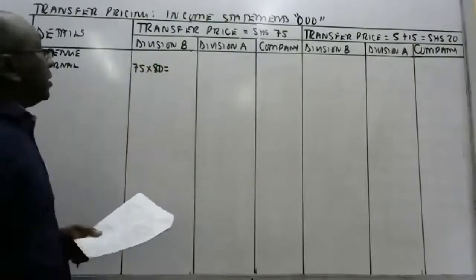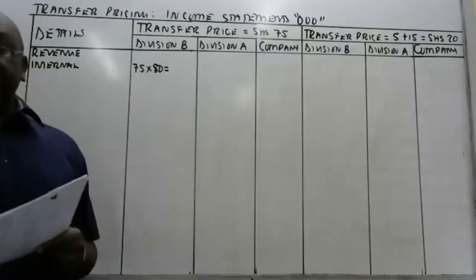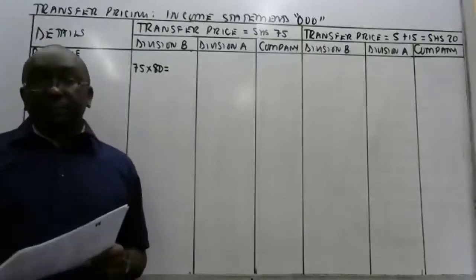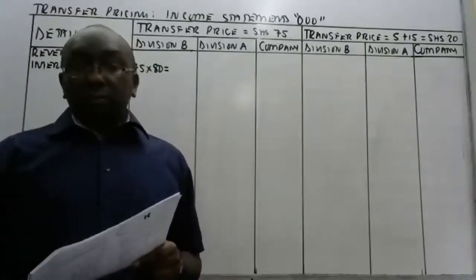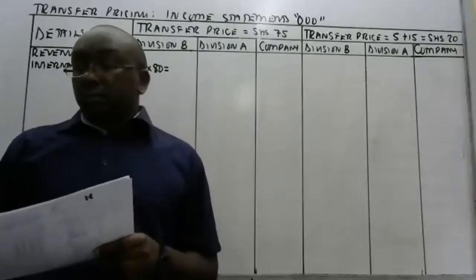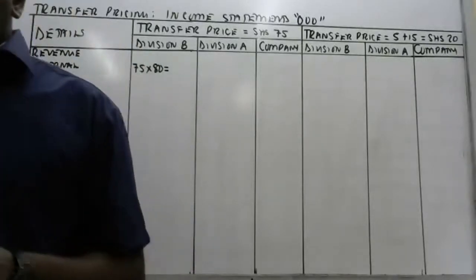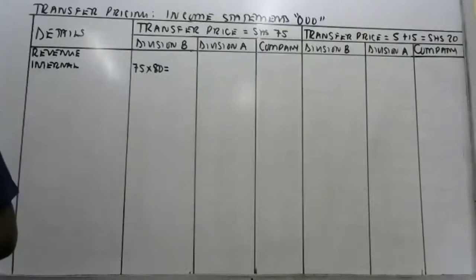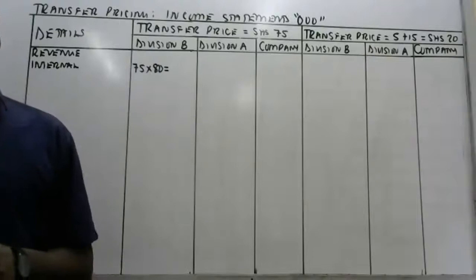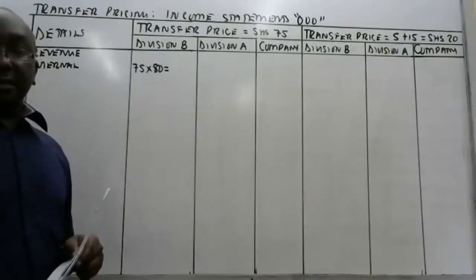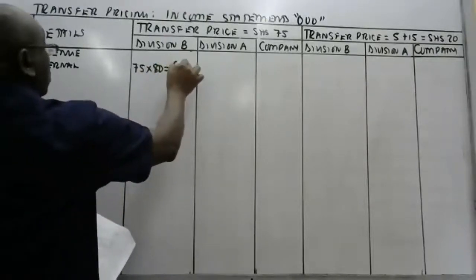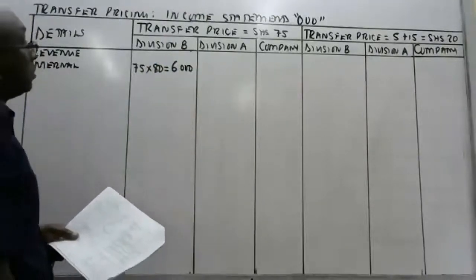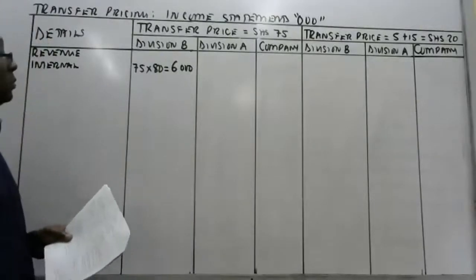So multiply that, 75 times 80. That is 6,000.